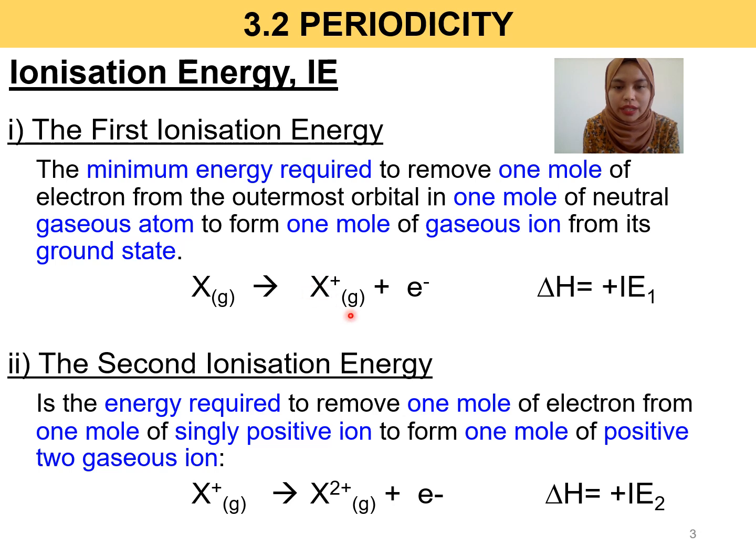Okay, so 1 mole of ion in the gas phase. So the minimum energy required to remove 1 mole of electron from the outermost orbital in 1 mole of neutral gaseous atom so that it can form 1 mole of gaseous cation, from its ground state. So that is what we call as the first ionization energy.